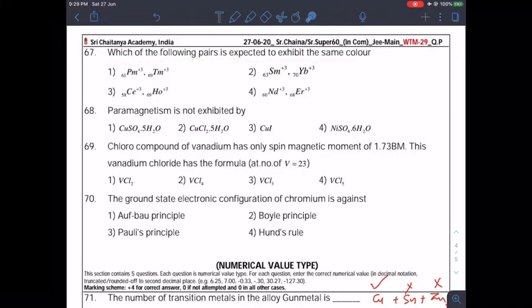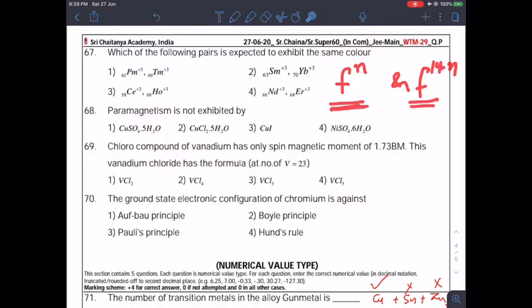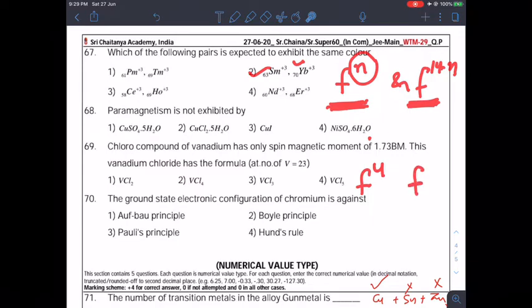Guys, it is a very common observation that whenever two elements have configurations f n and f 14 minus n, their absorption bands have similar absorption. So you can write down the electronic configuration of each of these ions. Suppose I get the outermost configuration as f4, then it will show a similar color to 14 minus 4, that means the element with f10 configuration.